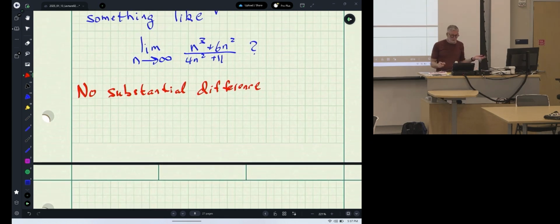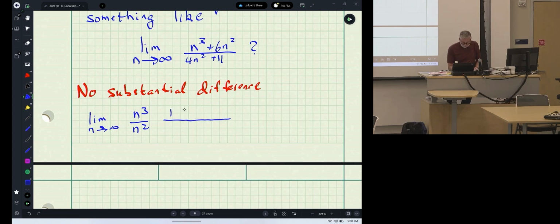So how would you work this problem? Well, you would simply do the limit as n goes to infinity. We would factor out the leading term.